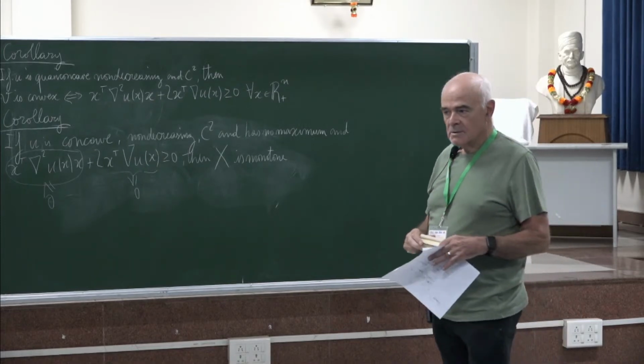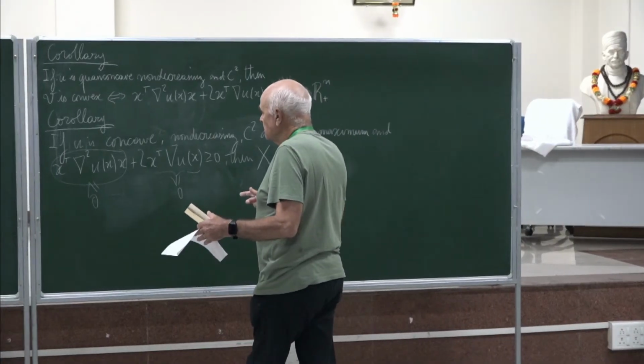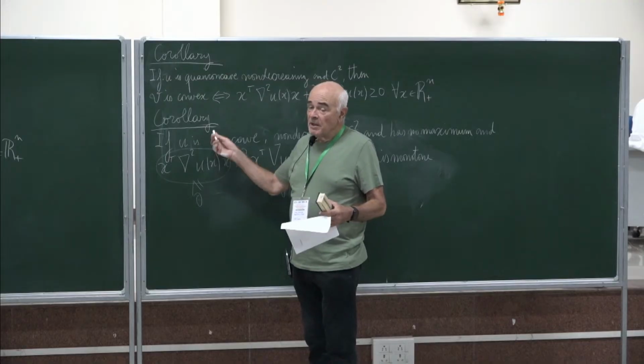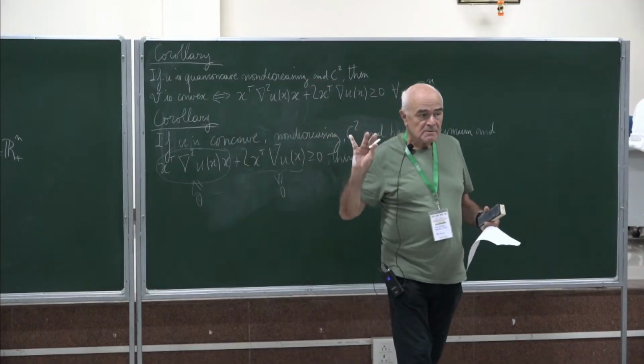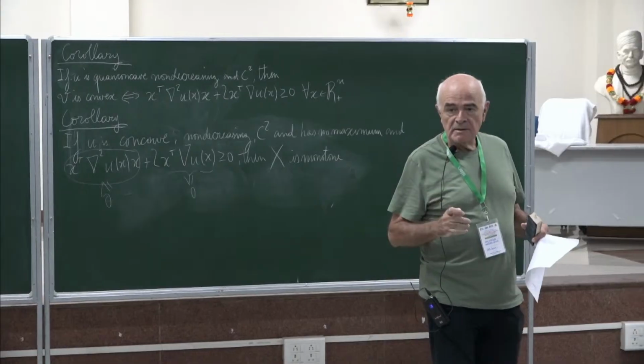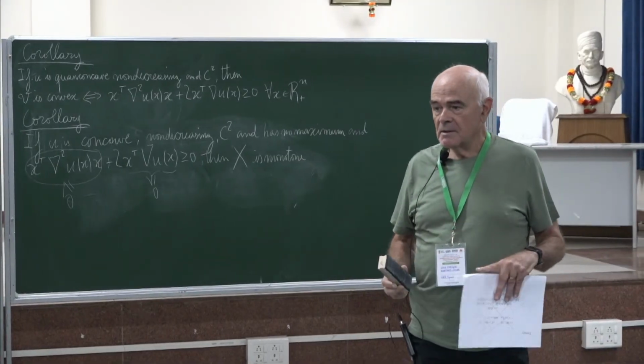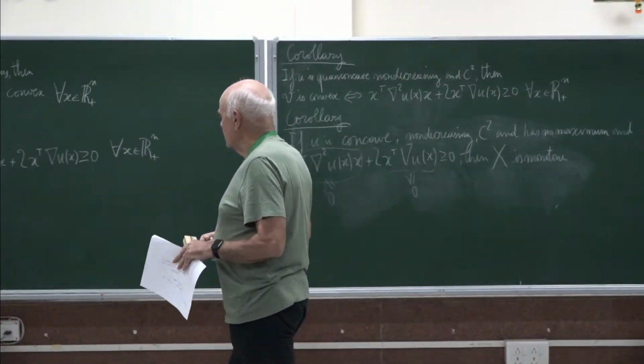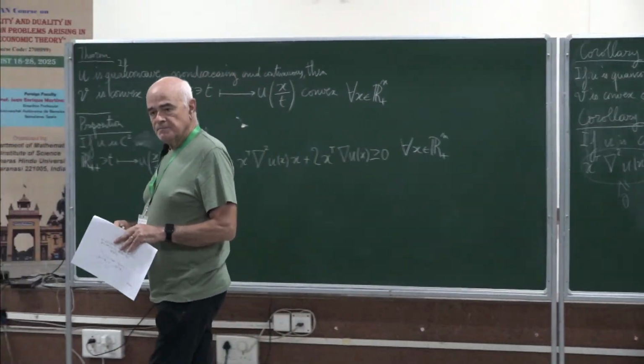Okay? So the result can be said as saying: if U is concave, but not too much, then the demand is monotone.